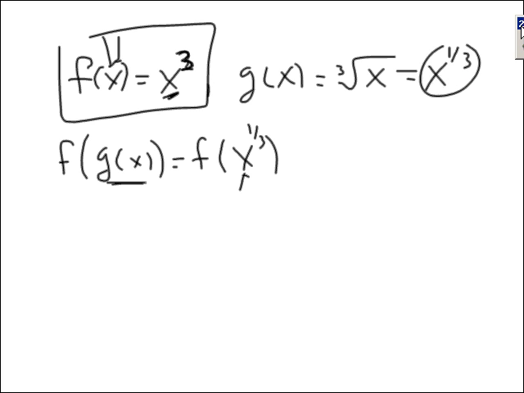So what's f of this? Well, I take what that is, and I raise it to the third power. Remember, when you raise x to a power and into another power, you multiply the powers. 1/3 times 3 is 1. You get x to the 1, or x. So on a roll. We did half of it.